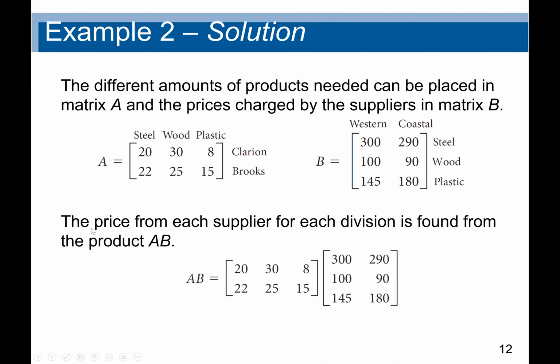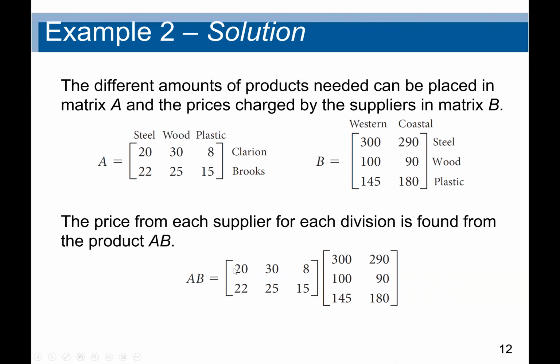So here we do our matrix multiplication. First, we check if the number of columns in matrix A is the same as the number of rows in matrix B. So here we have 3 columns in matrix A and 3 rows in matrix B, which means the number of columns in matrix A is the same as the number of rows in matrix B. So we can do the multiplication.